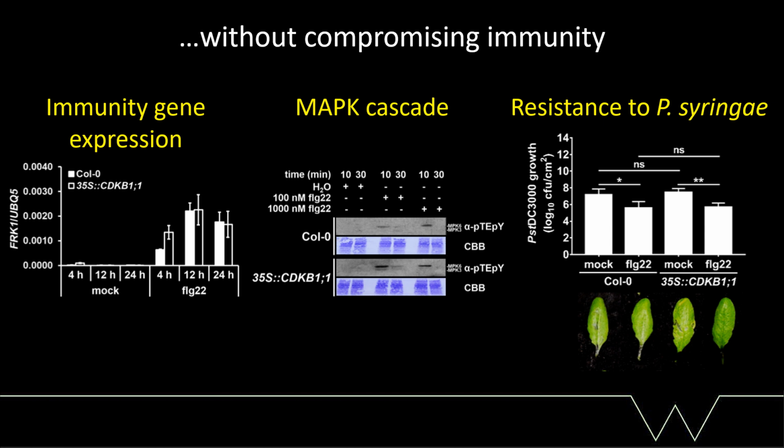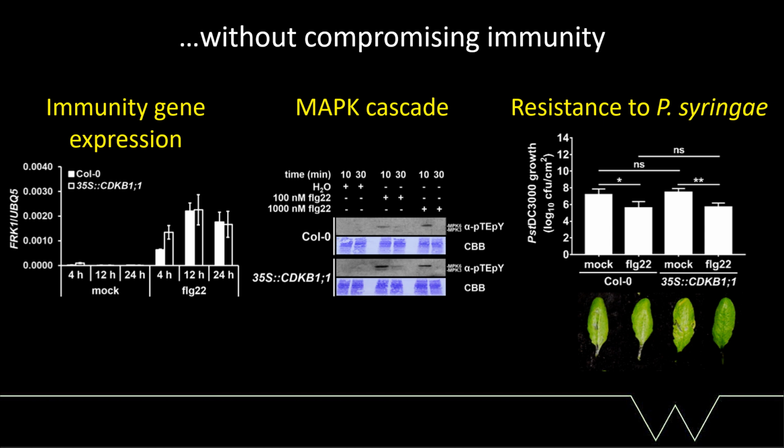In the CDKB1;1 overexpressors, we see the same immunity gene upregulation. So FRK1, which is a key marker of immunity, is upregulated in both Col-0 and in CDKB1;1 after FLAG22 treatment. We still see an intact MAP kinase cascade, or MAP kinase phosphorylation, as you can see here. This is the CDKB1;1 overexpressor, this is the Col-0.